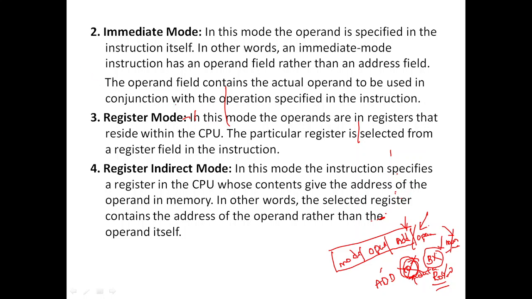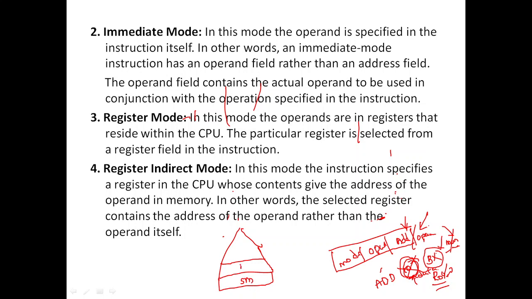And next one is the register mode. If the data is going to be stored in the registers, then we say it is the register mode. Here in this mode the operands are in registers that reside within the CPU. When we look at the hierarchy of memory organization, at the bottom we have secondary memory.